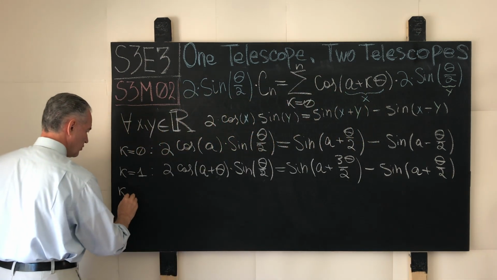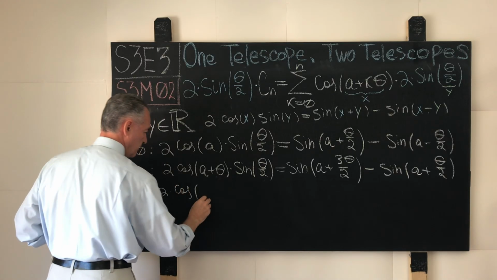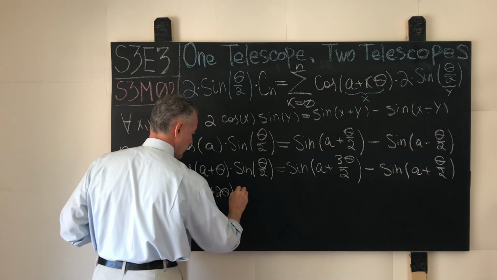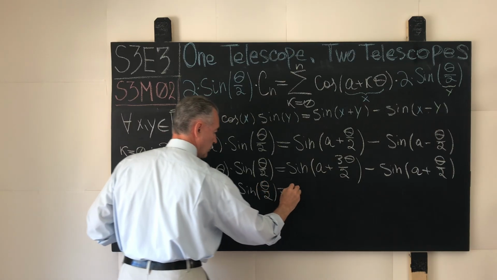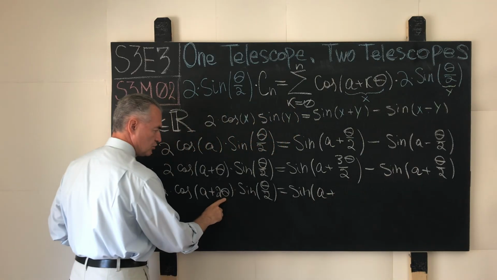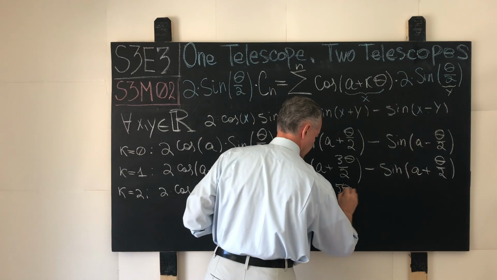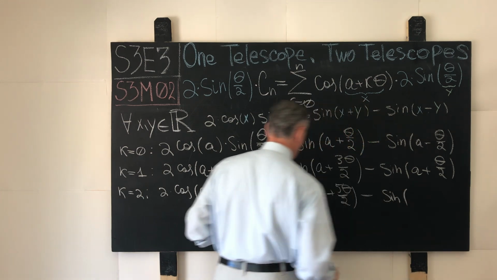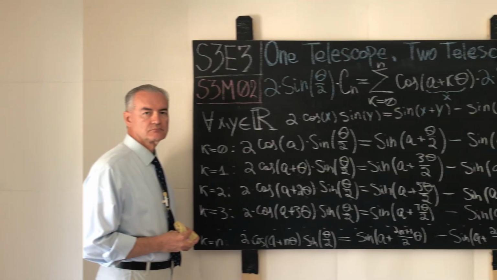For k equal 2, we have 2 times the cosine evaluated at a plus 2 theta times sine of theta over 2 equal to sine of a plus 5 theta over 2 minus sine of a plus 3 theta over 2.